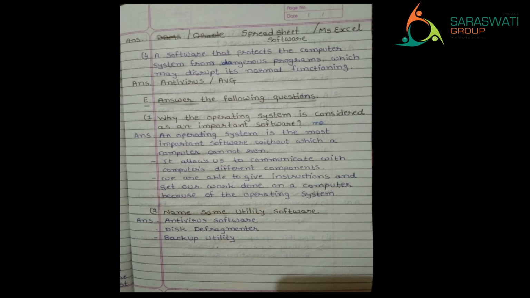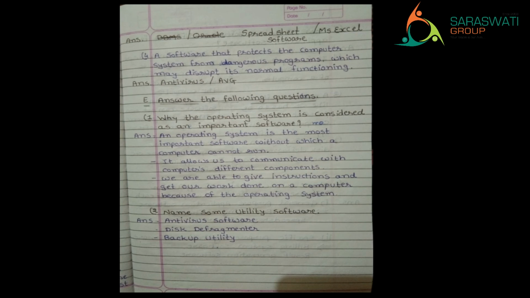So why it is happening? Why computer is working according to our instruction? Just because of the operating system. So we can say that operating system is the most important thing. Otherwise, our computer will not work. Any type of software will not work on it. Right? Okay.